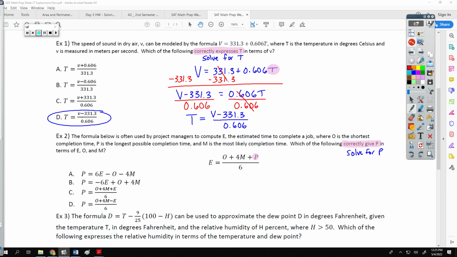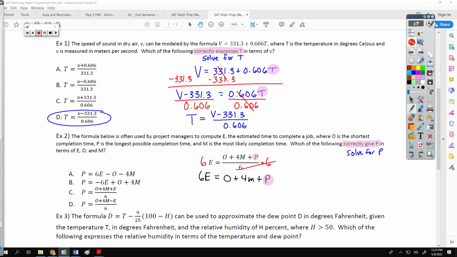So the first thing we would do is multiply each side of this equation by 6 to clear the fraction, which would give us 6E equals O plus 4M plus P. Now again, we're still trying to get that P by itself, just like we were trying to get T by itself in the last equation.